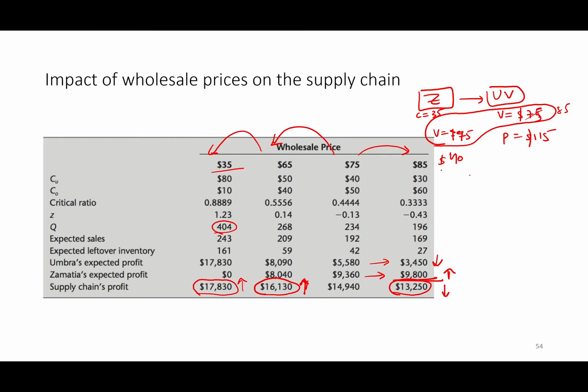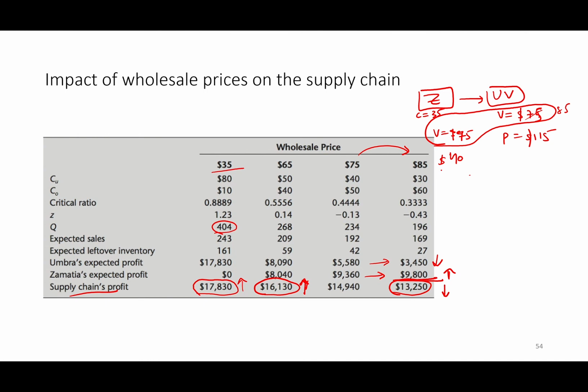Okay, so take a moment to look at this graph. What is happening here? The wholesale price is that lever which Zematia uses in order to change the overall supply chain profit.